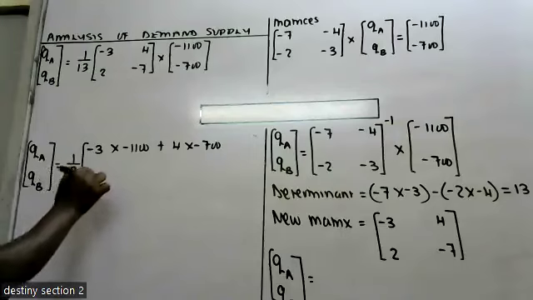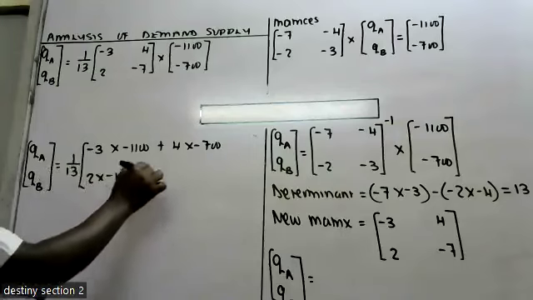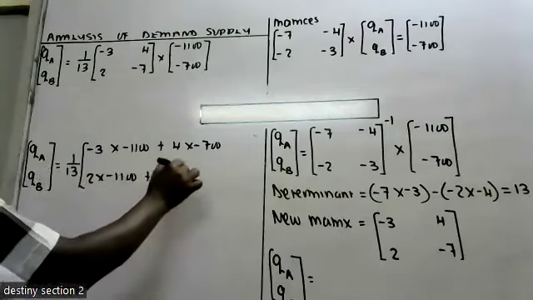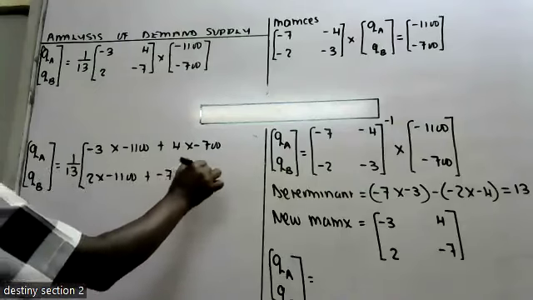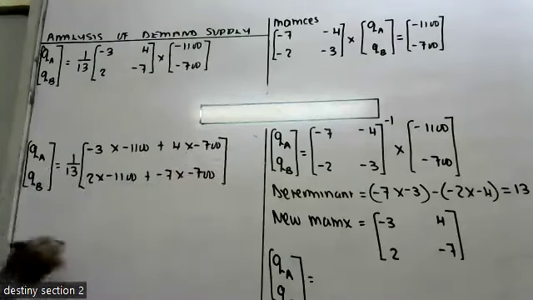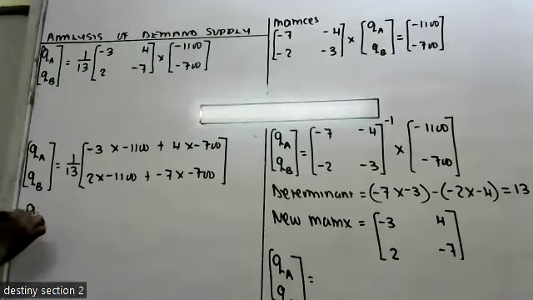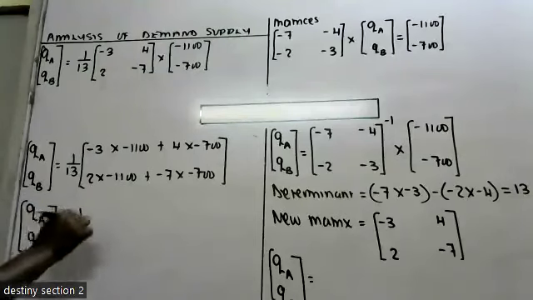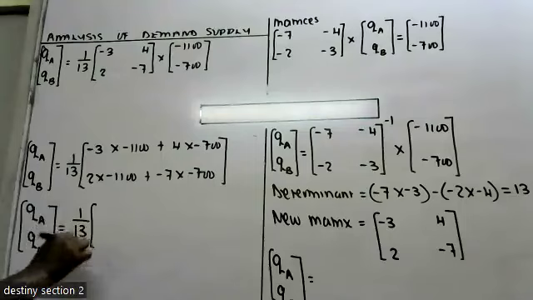Then 2 times -1100 plus -7 times -700. So this proceeds on to become QA, QB is equal to 1 out of 13.